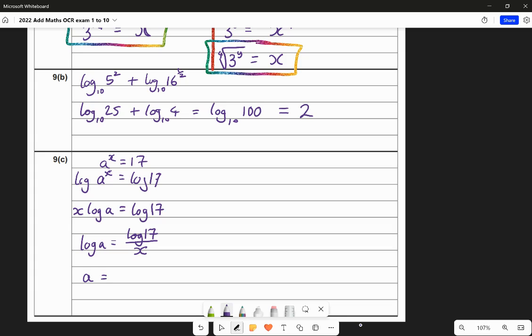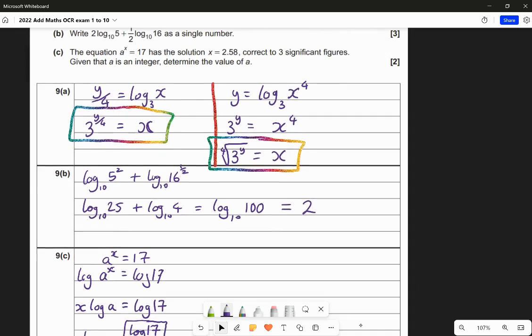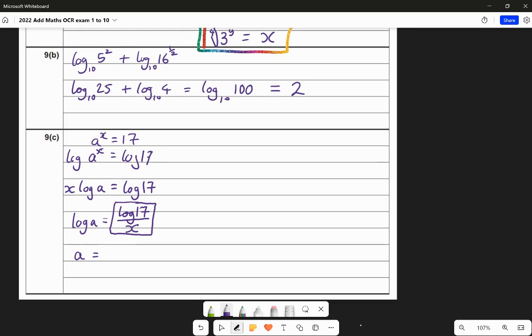So this log 17 over x will give me a value, because log 17 is just a number, and x is 2.58, correct to three significant figures. So if I do 10 to the power of the answer, then I'm going to approximately get a. 10 to the power of the answer on my calculator, which is log 17 over x, gives me approximately 2.9985... So it looks like a is 3.